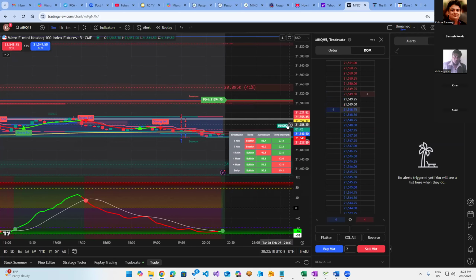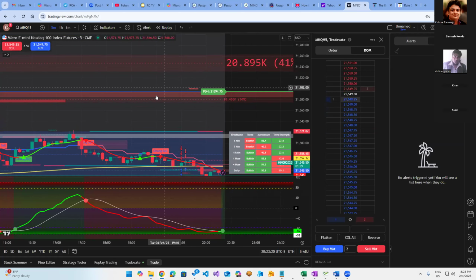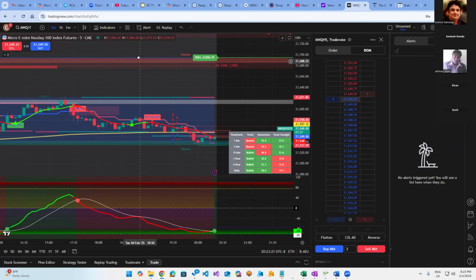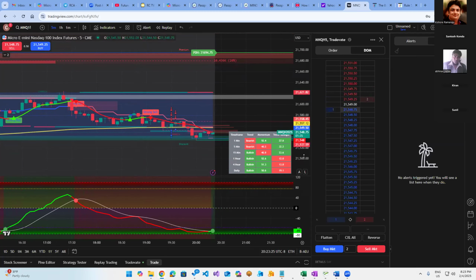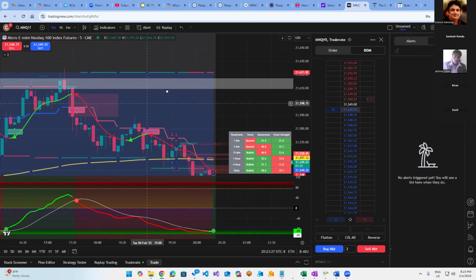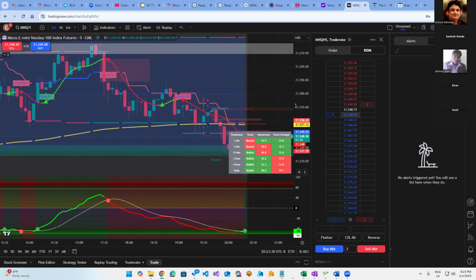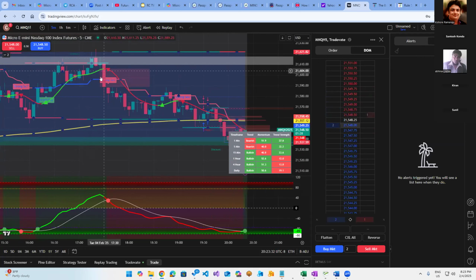For example, in this chart, the first one is the strong buy at around 1620, and then the next strong sell is at 1730. So the timing between the strong buy and sell is pretty long, almost 1 hour, right?